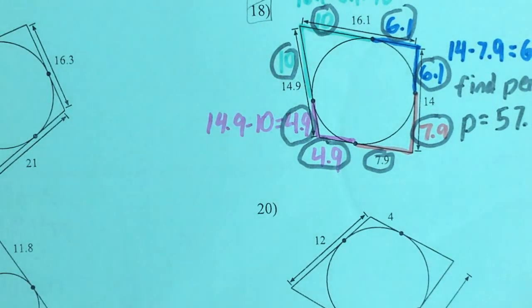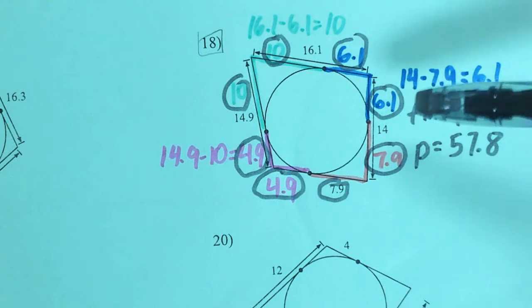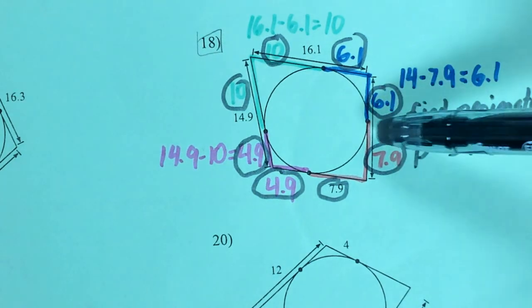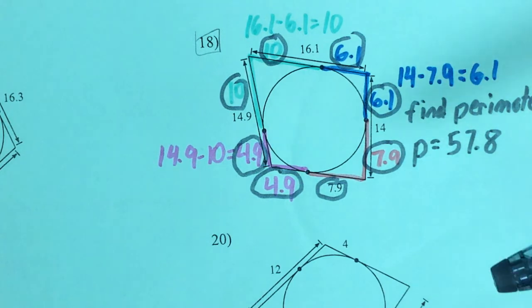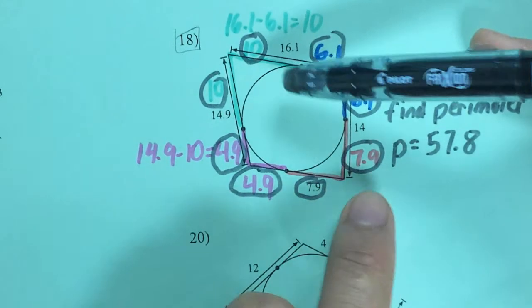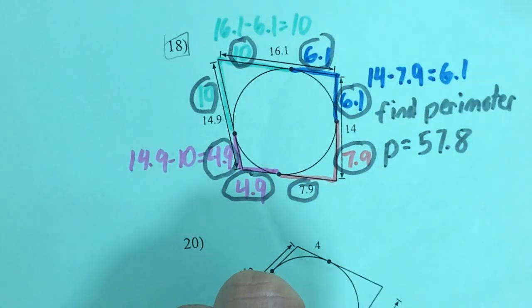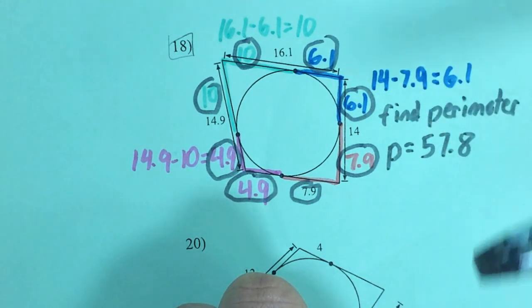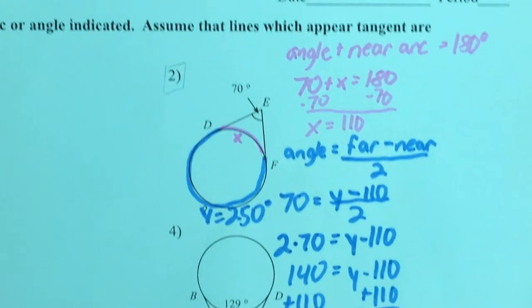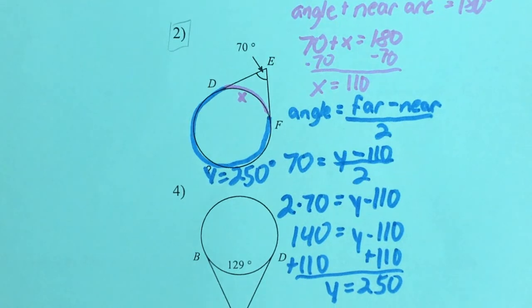Another way you could have done this is, instead of using 6.1 plus 7.9, you can use 14 instead, because you know this whole side is already 14. I just wanted to show you that you can either use these two numbers or use that one number, but don't use both because you will end up doubling your sides. Alright, so here you have different examples of properties involving tangent lines.